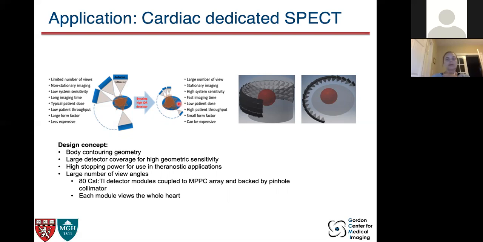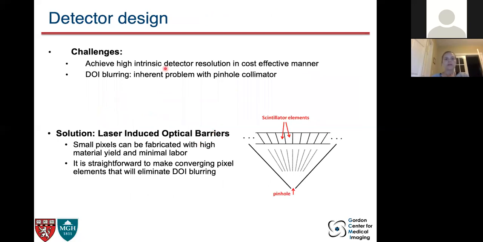And I should also say that each of these views the entire heart. So one challenge with designing a detector for this system is to achieve high intrinsic detector resolution in a cost-effective manner. Because we have it in a minifying geometry, we need very high resolution in the detector to be able to compensate for this minification and still achieve high spatial resolution in our image.